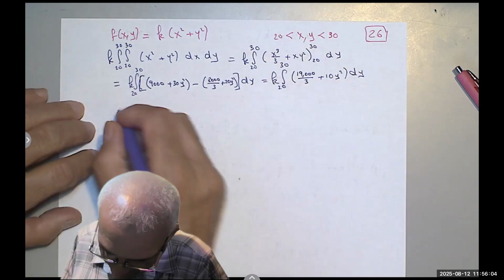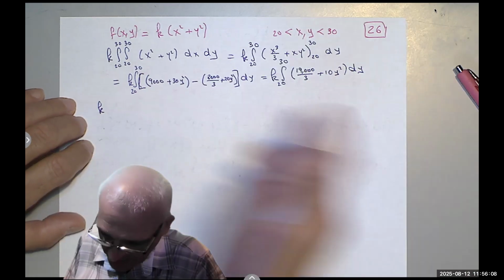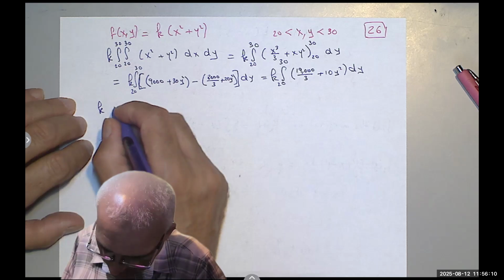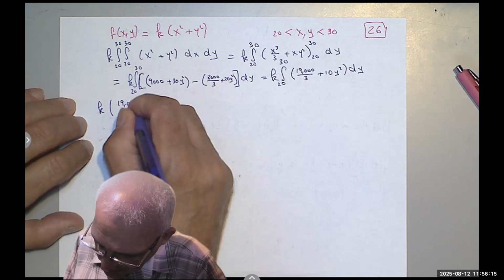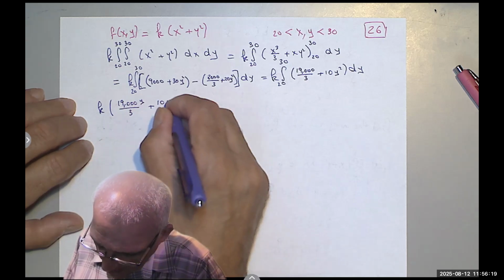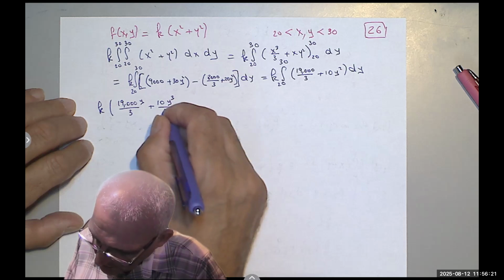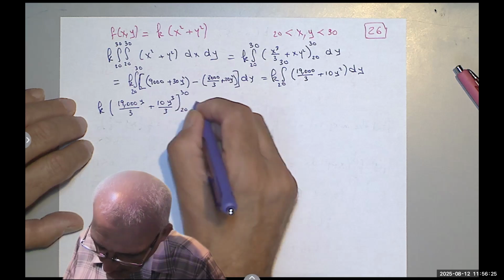After that, you integrate and you equate to 1, of course, to solve for k. So that would become k times 19,000 y over 3 plus 10 y cubed over 3, from 20 to 30, equals 1.